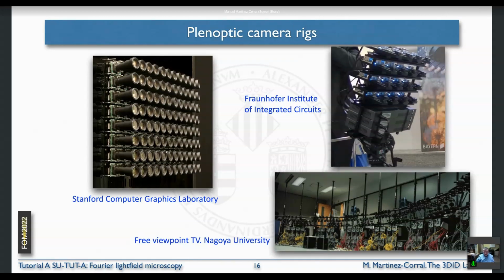So the parallax angle here is very high. But this system is very bulky. So this is good, but it can be used only in case you can afford this kind of bulky systems.